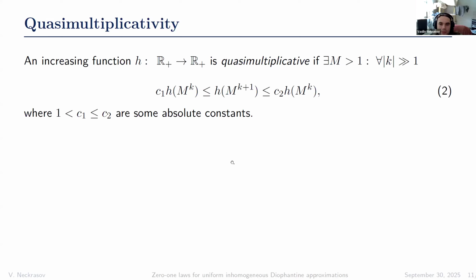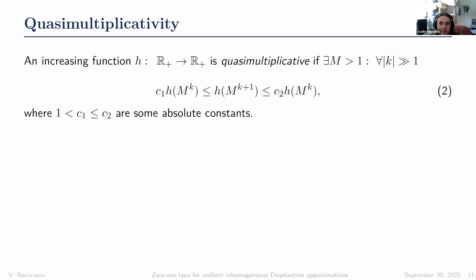Quasi-multiplicativity, here is the definition, but what it really means informally is that on long distances, our function is bounded from below and from above by some polynomials. It has not faster and not slower than polynomial growth.